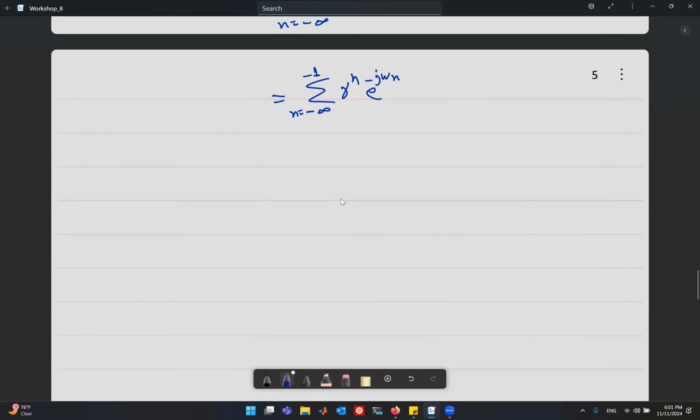And again, we'll do similar things. We'll combine those two terms: n equals -infinity to -1 of gamma e to the minus j omega, whole to the power n. We can change the variable of the summation to make it similar to the geometric series we had before.